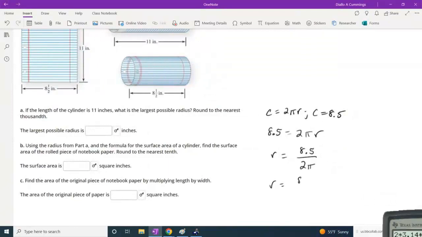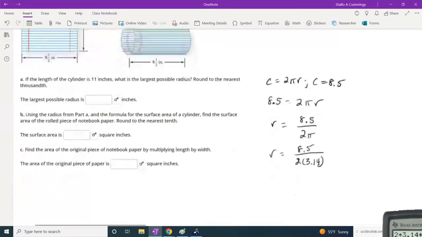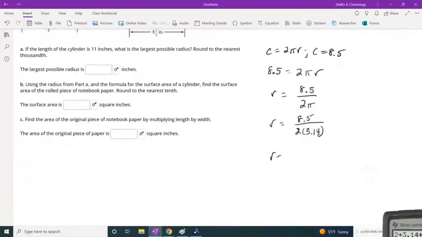Right? So r is equal to 8.5 divided by 2 times 3.14, right? So r is equal to 8.5 divided by 6.28, because 2 times 3.14 is 6.28.